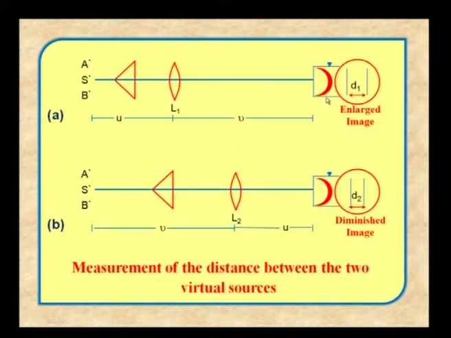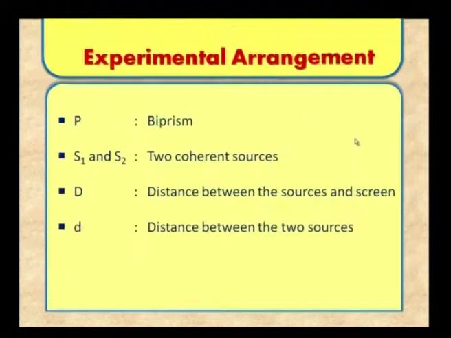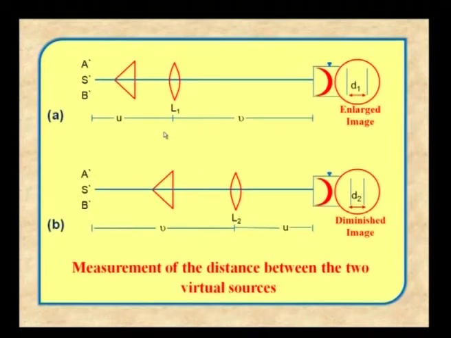Now the aim of determining d1 and d2 is to measure your small d. The small d, the distance between the two virtual sources, will be expressed in terms of d1 and d2. What are d1 and d2? D1 is the enlarged image.